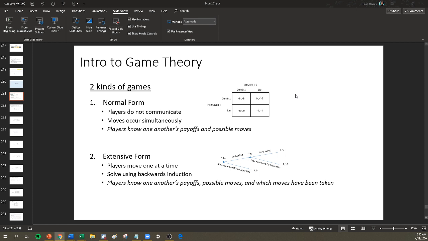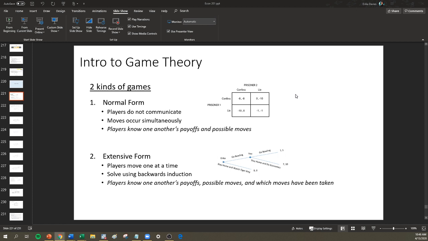In a normal form game, players are unable to communicate with one another. Their moves occur simultaneously, so they're both moving at the same time. So picture something like rock, paper, scissors, right? You've got your hands behind your back, or you've got them in a fist, and you do the 1, 2, 3, and then you both reveal rock, paper, or scissors at the exact same time. So you're unable to make decisions based on decisions that another player has already made.